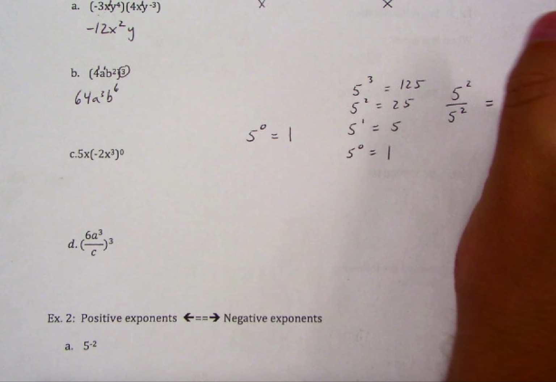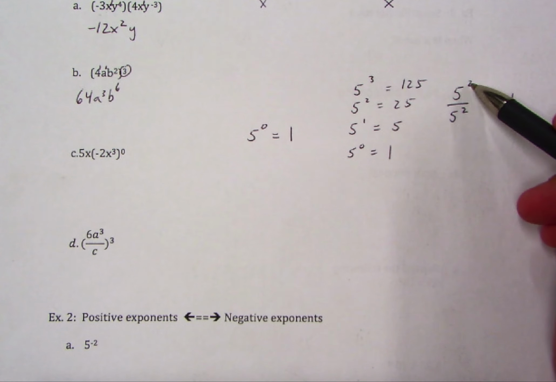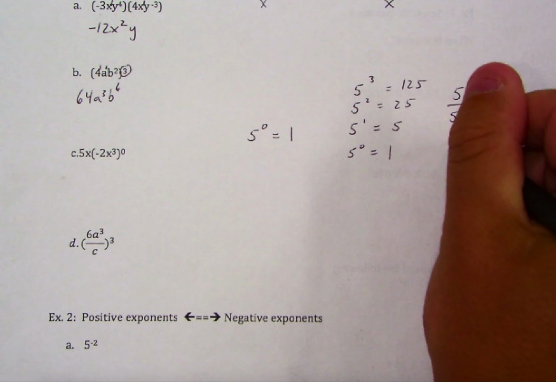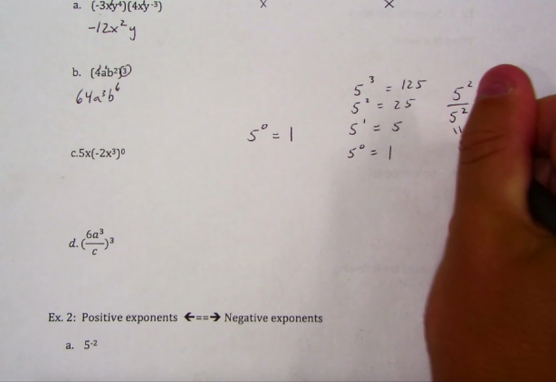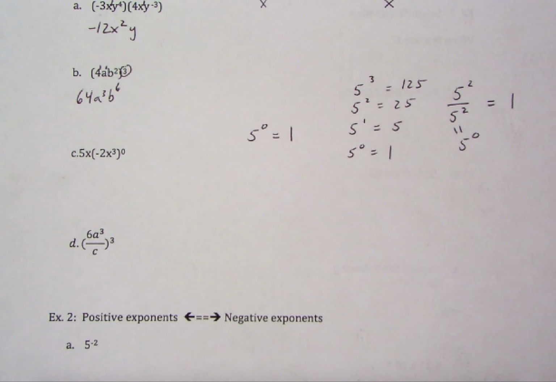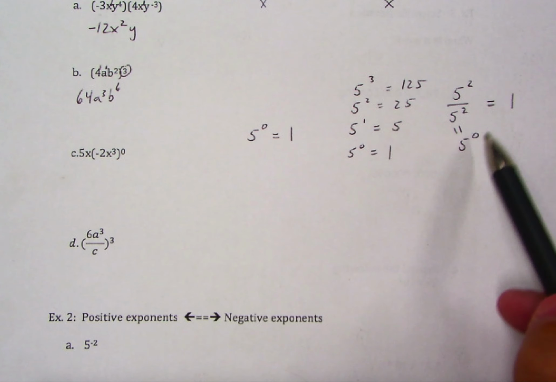So we know this is 1, right? We know that's the case. Well, if we're doing our exponent rules, when you're dividing, you subtract your exponents. So we would keep the base, so that'd be 5, subtract the exponents, and we get 0. So we know for sure this is equal to 1. We know for sure this is equal to 5 to the 0.